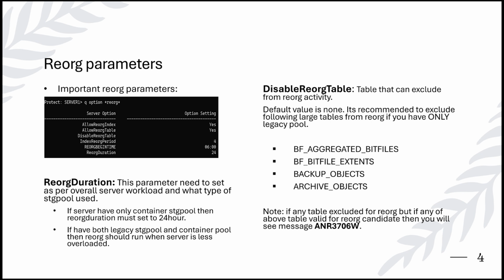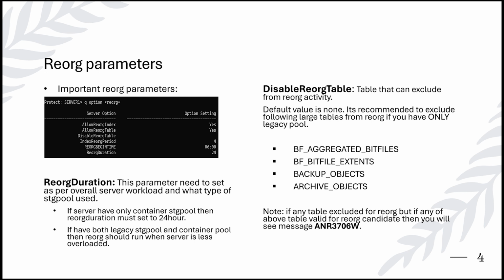Now let me explain the disable reorg parameter. This holds the tables which you want to exclude from the automatic reorg. The default value is none, meaning all tables are included for automatic reorg. But if you want to exclude, these are four tables which are very large.